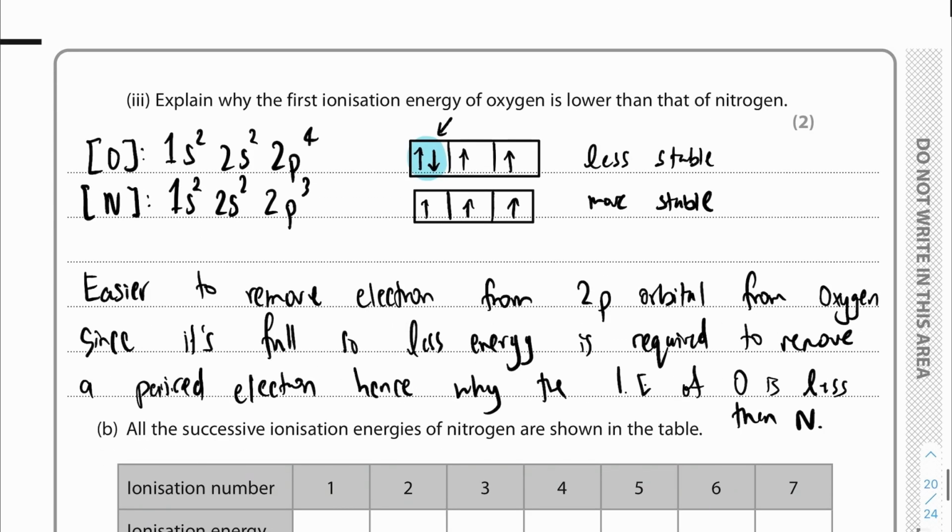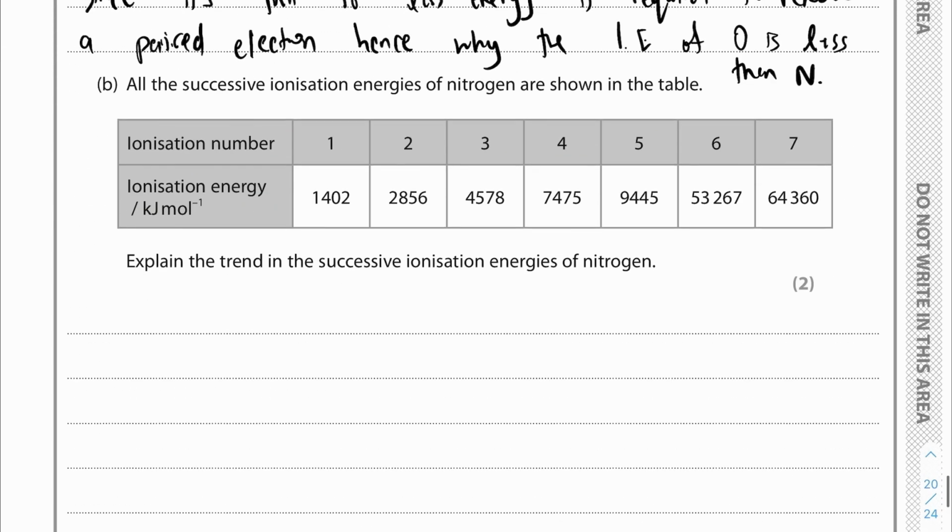So then we talk about that. Let's go on to part B. All the successive ionization energies of nitrogen are shown below: 1, 2, 3, 4, 5. Whoa, big graph from 9 to 53. So what's happening here? Explain the trend in successive ionization energy. It's definitely increasing. Why?